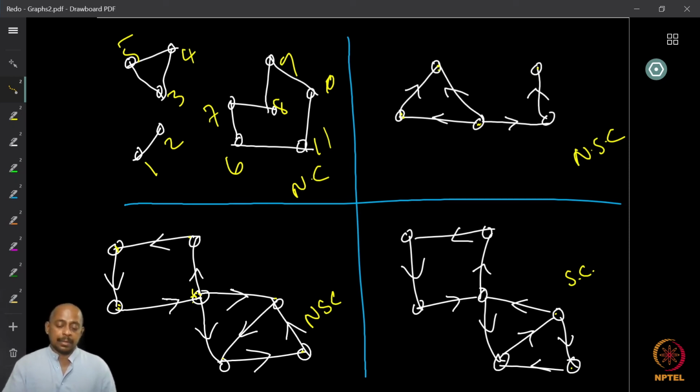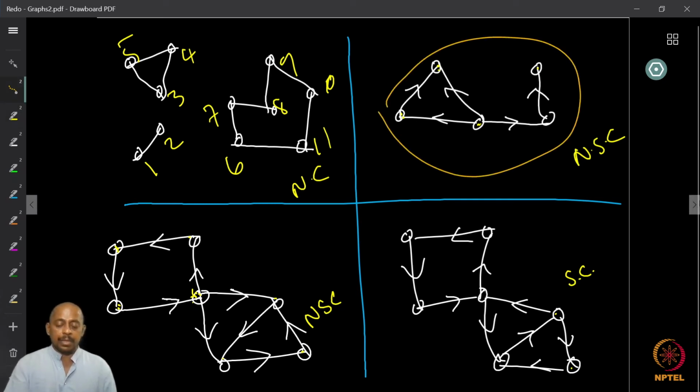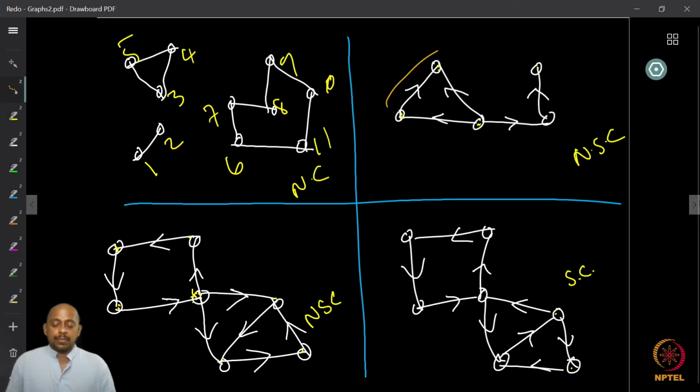You have this second case where you cannot go from one of the vertices to the other, for any pair of vertices, right? For example, I can go from this vertex to here, but I don't have any way to come back from that vertex to this vertex. So therefore, it is not strongly connected.